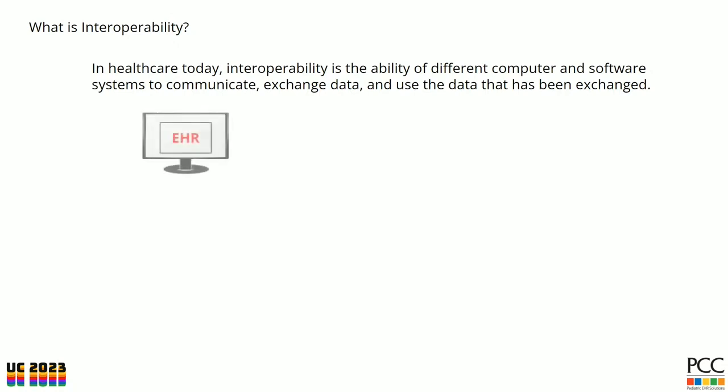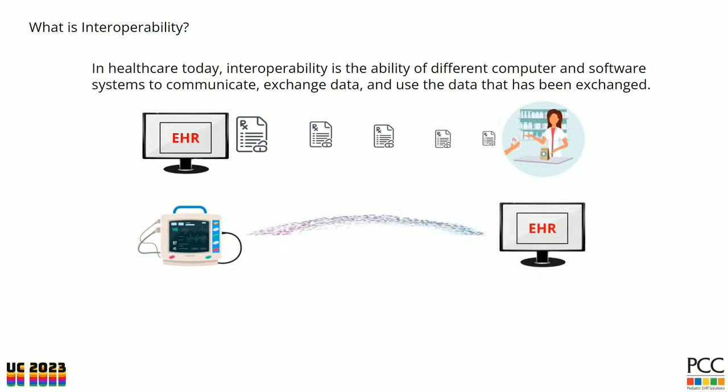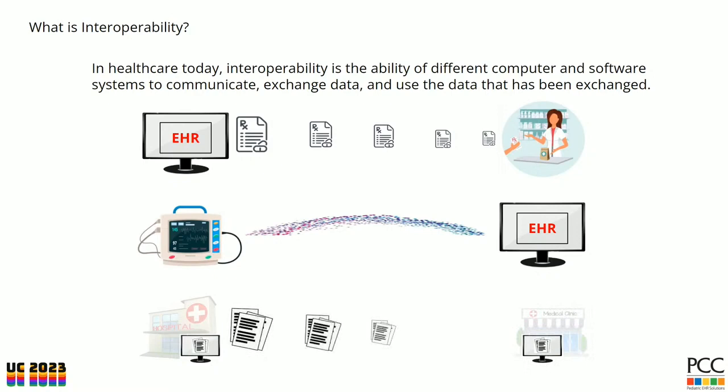Some examples of interoperability are sending a prescription electronically from an EHR to a pharmacy. Another example is a medical device, like a monitoring system, collecting data and then transmitting it to an EHR. And then finally, what we'll be focused on today, 2 organizations sending or receiving a clinical document electronically.